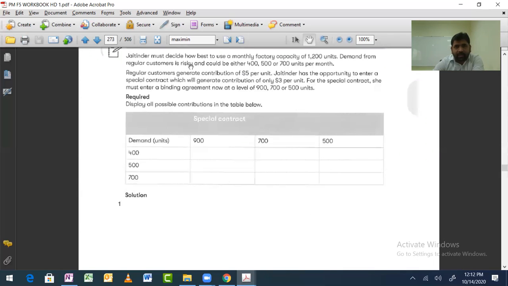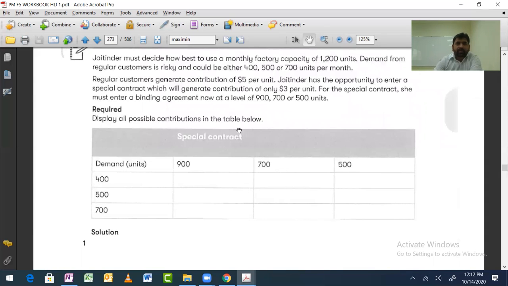Jatinder must decide how best to use a monthly factory capacity of 1200 units. Demand for regular customers is risky and could be either this or this per month. So this is something that we don't know. 400, 500, 700.